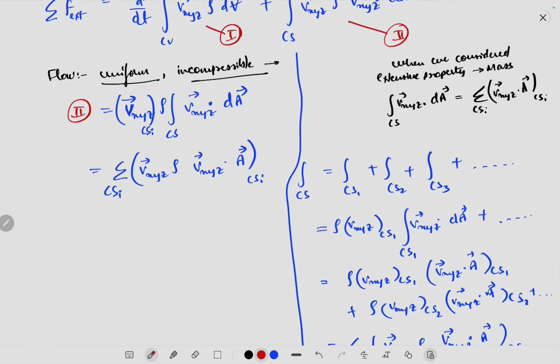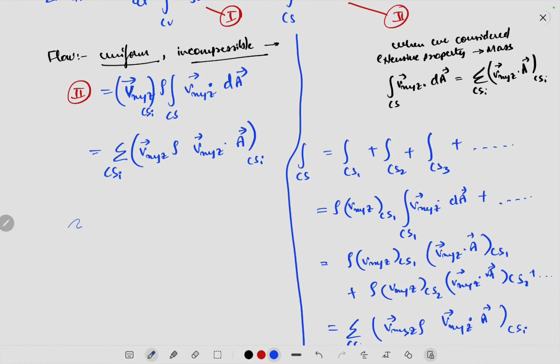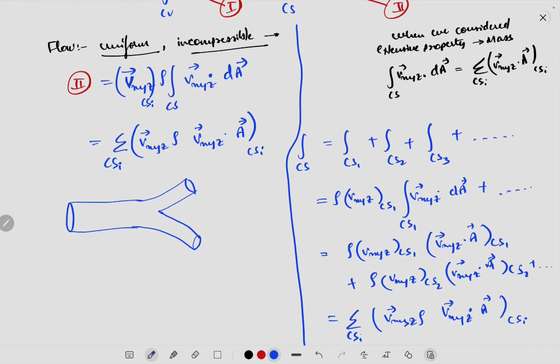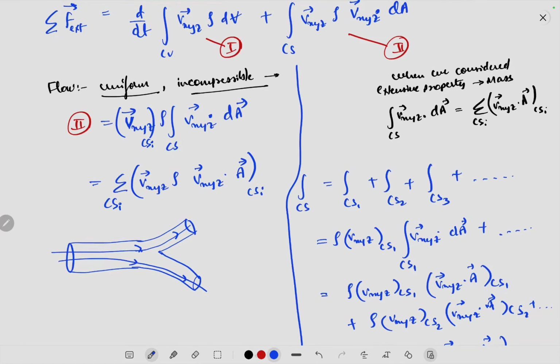Or in other words, let's say you have a situation like this. Again, let's say you have this pipe, and let's say the fluid is flowing like this. And you have considered the control volume. Let's say this is my control volume, with volume dV.